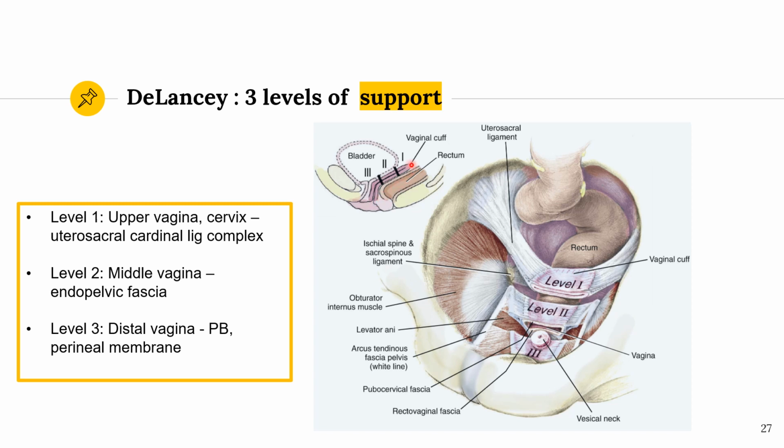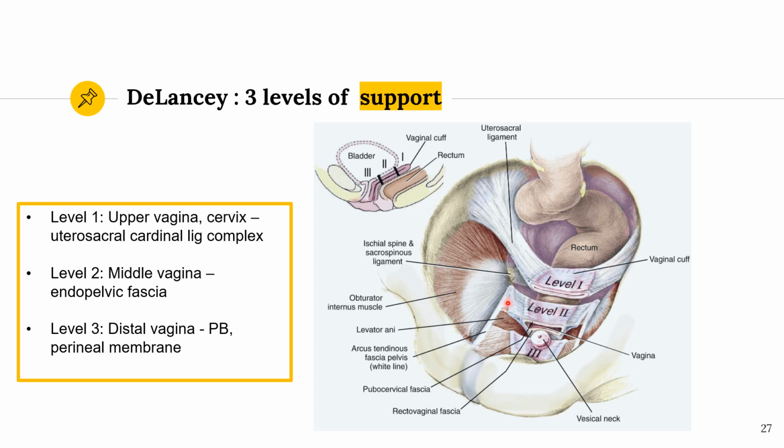Okay. Level 1 is provided by the uterosacral cardinal ligament complex posterolaterally. This maintains the vaginal length and keeps the vaginal axis nearly horizontal so that it rests on the rectum. This position allows the cervix to stay superior to the level of the ischial spine.